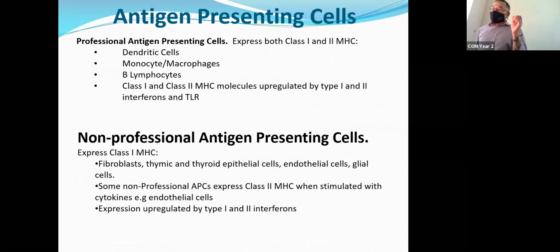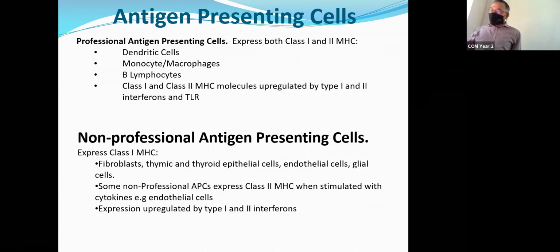These so-called professional antigen presenting cells are the cells like dendritic cells, macrophages, and B cells, which grab outside extraneous pathogens like bacteria, viruses, fungi, and present them on class 2 MHC, which is seen by T helper cells. Okay?